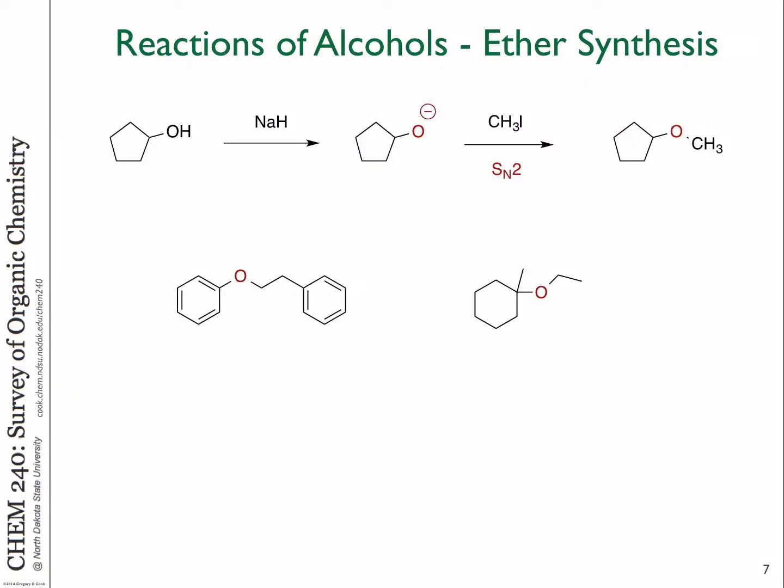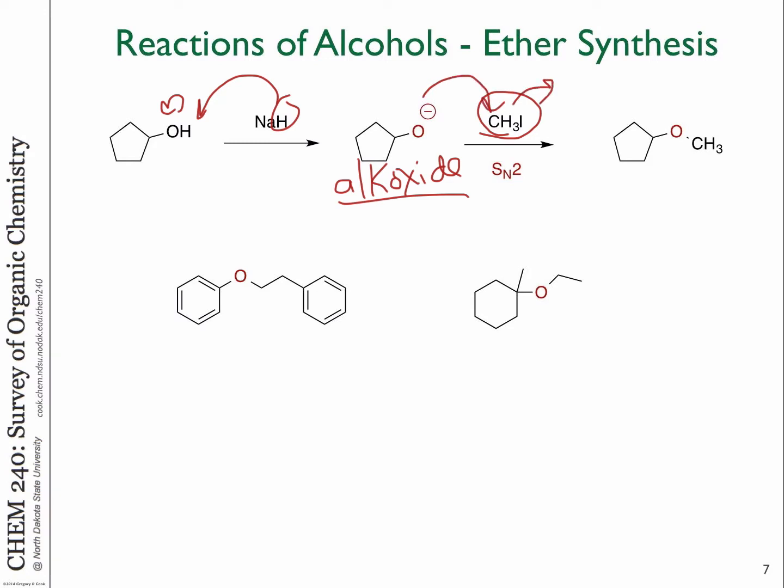Something like sodium hydride can take off the proton and generate the alkoxide, which we can use as a base. We can use that as a good base for E2 eliminations. Or as a nucleophile, if you have a reactive alkyl halide, like methyl or something that's not very hindered, you can do an SN2 substitution reaction and generate an ether product.